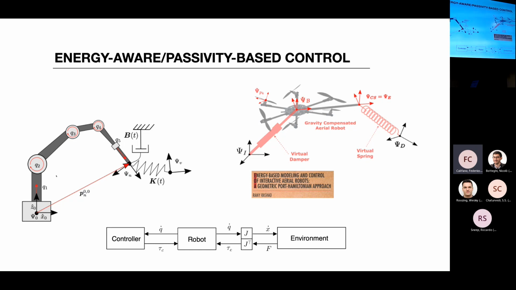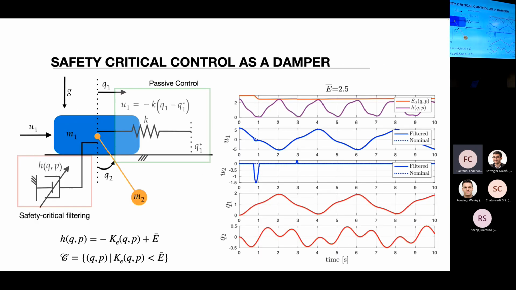I made the simulations, I made the experiments, for example, for a cart pole, very simple, in which I say, okay, my nominal controller is a spring. And the system has no dissipation. So what does the system do in the nominal case? Just oscillating around in a nonlinear way, because then there is this other part and so on.